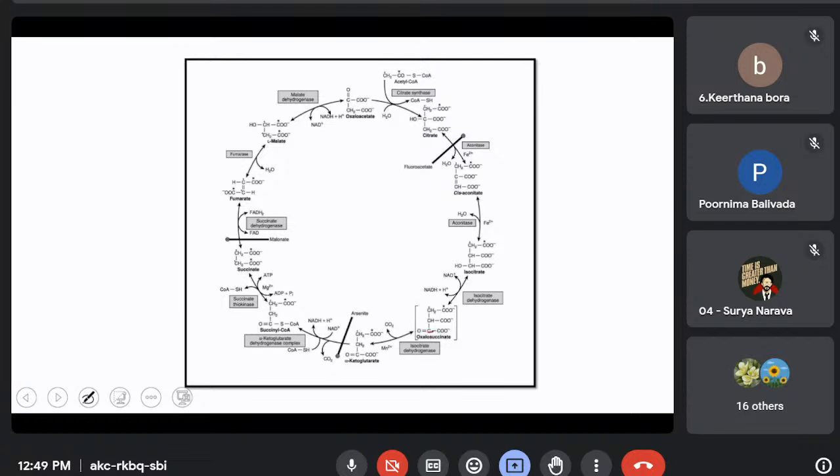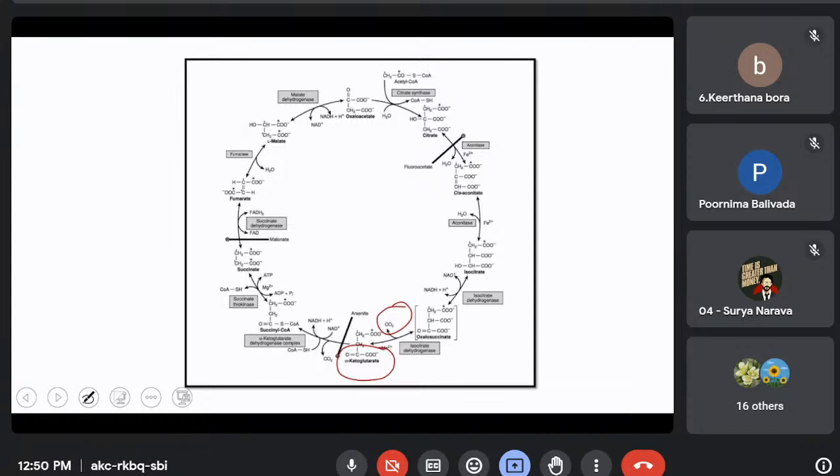Now oxalosuccinic acid, after oxidation, undergoes decarboxylation, removal of carbon dioxide. So the same enzyme is responsible for oxidation as well as decarboxylation. Hence we call it oxidative decarboxylation reaction 1. During this reaction, one carbon dioxide is removed and alpha ketoglutaric acid is formed.